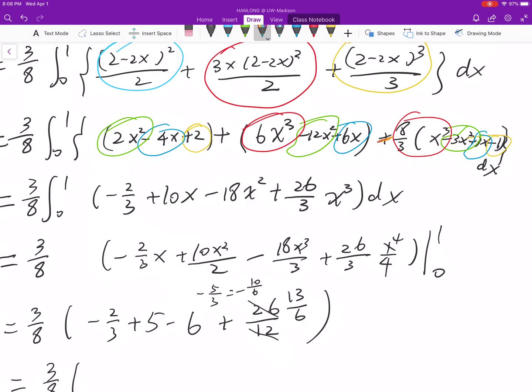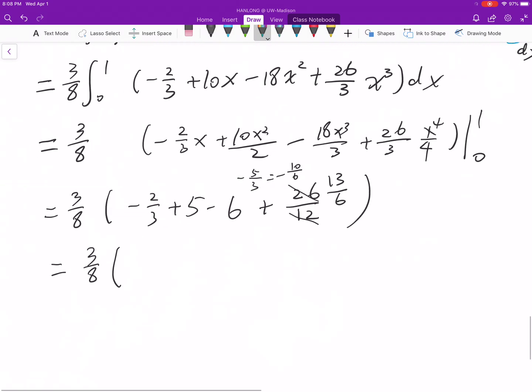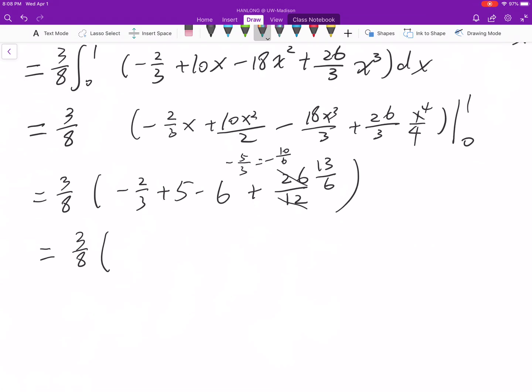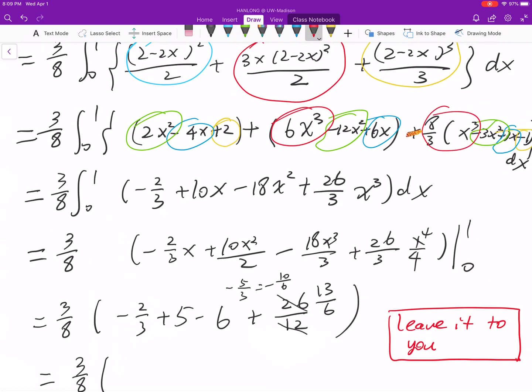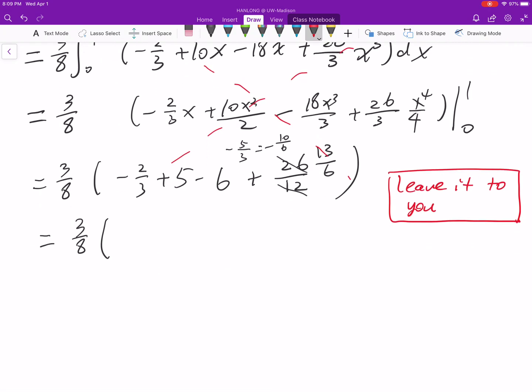You have an actual negative sign. I will omit the calculation here and leave it to you. In other words, you need to fix all the calculations in the following. Fix it.